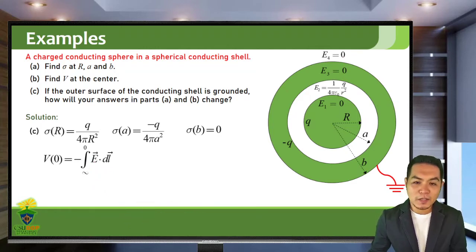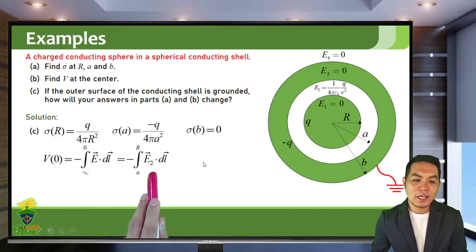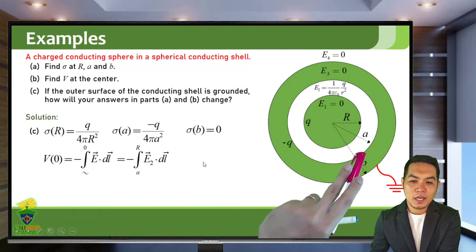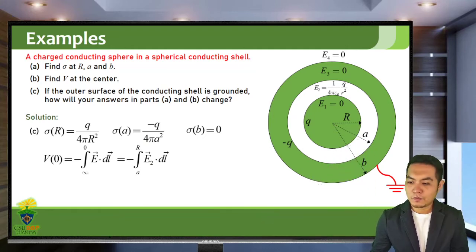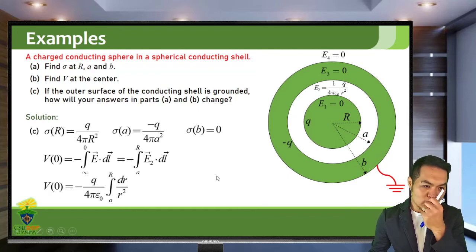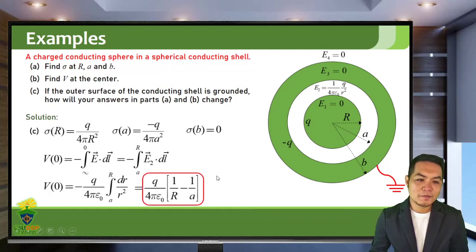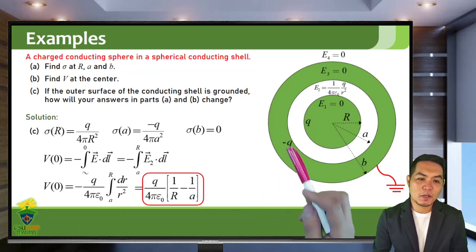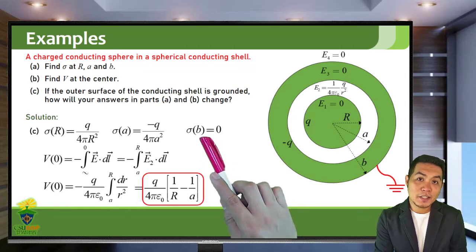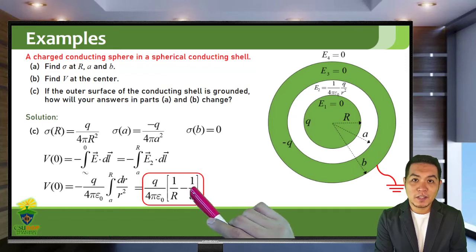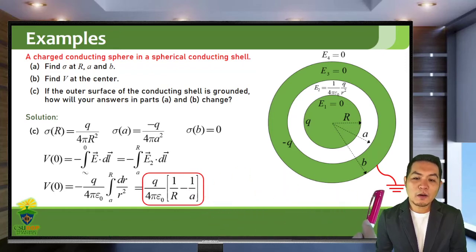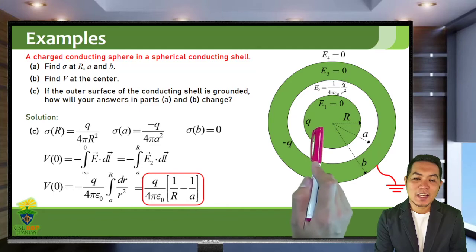The only contributing integral will be the integral from a to r, so this is the integral of region number 2. Evaluating that will give you this value here. So what will change in your answer will be the charge density in the outer surface and the potential at the center of the sphere. So the grounding has an effect on the potential at the center.